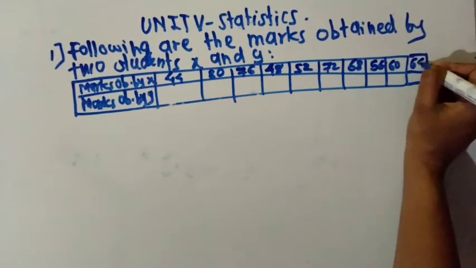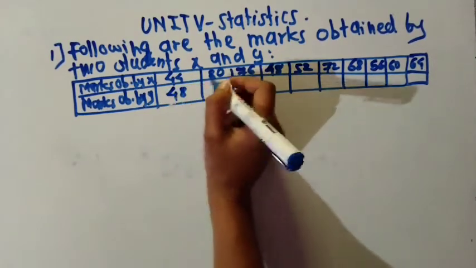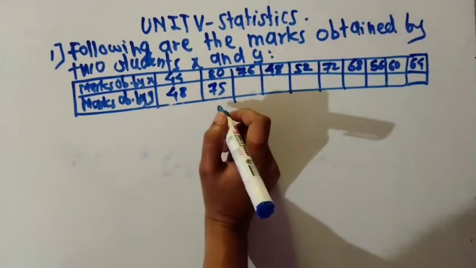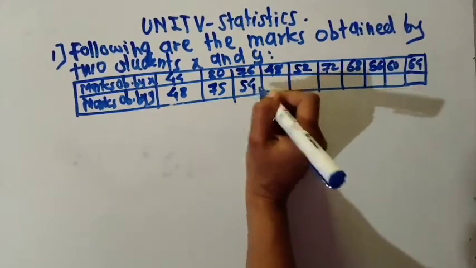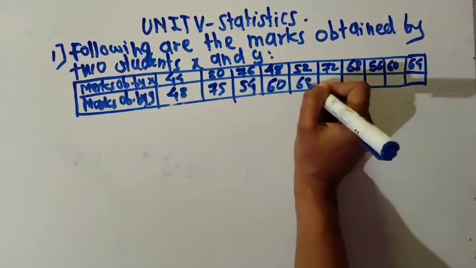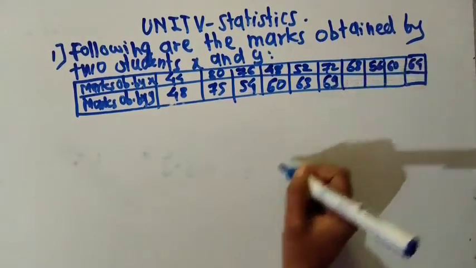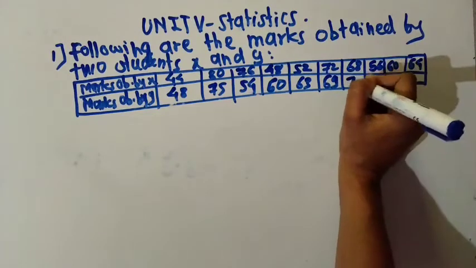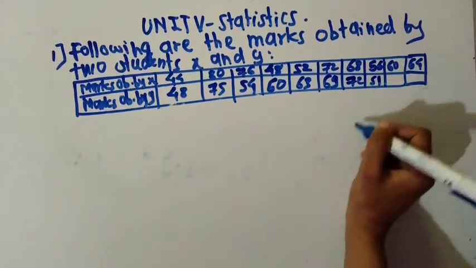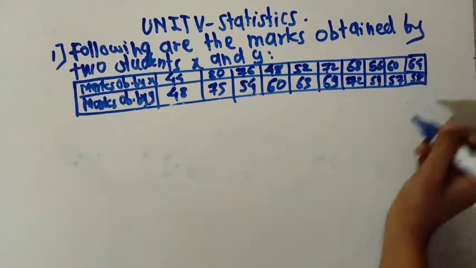60 and 64. And marks obtained by Y is 48, 75, 54, 60, 63, 69, 72, 51, 57, 58.